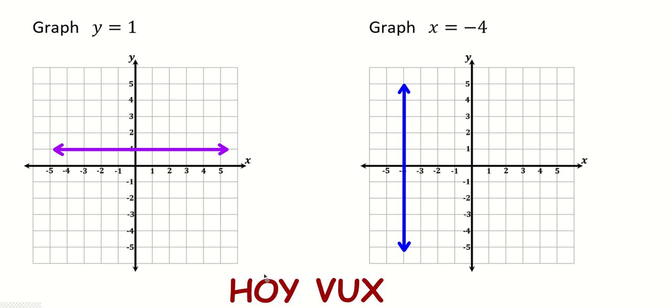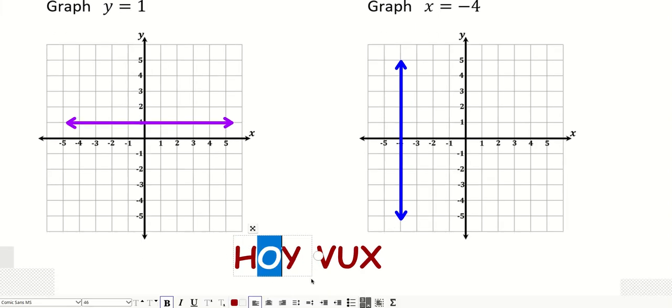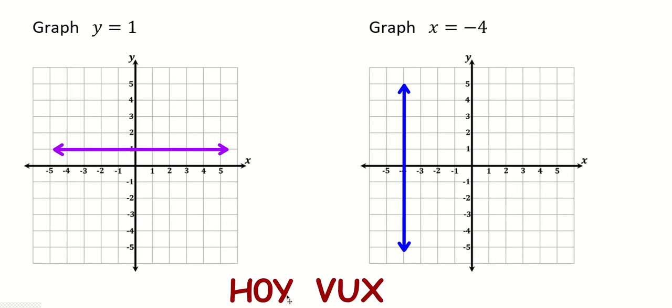And J.Falk is even more than that. This right here, which is actually not an O technically, it's a 0, represents the slope of a horizontal line. And the U represents the slope of a vertical line, which stands for undefined.